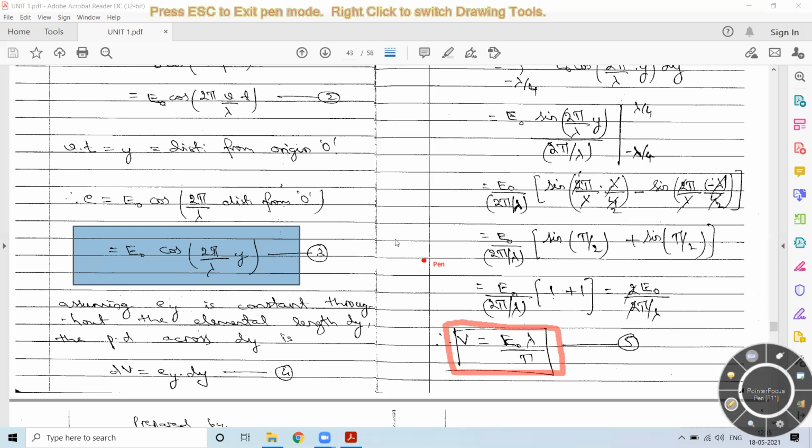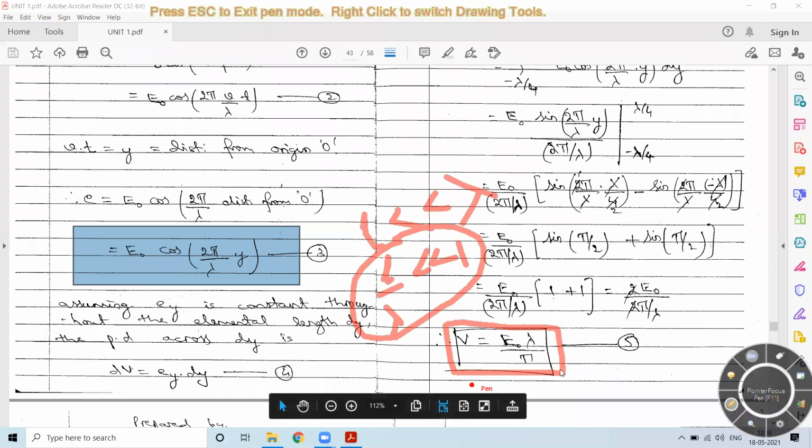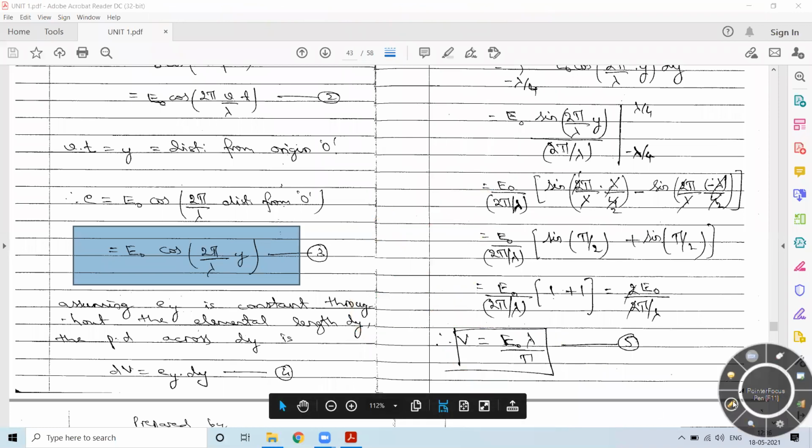In the previous short dipole, since we had the condition L is much less than lambda, that is L by lambda is much less than 1, we used this to our advantage to obtain the potential value. Now in this case, there is no requirement of any simplifications, as you have directly got the result in terms of the lambda parameter, that is E naught into lambda by pi.